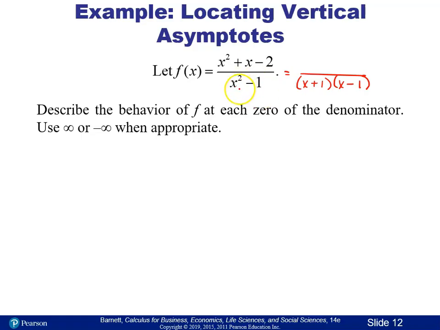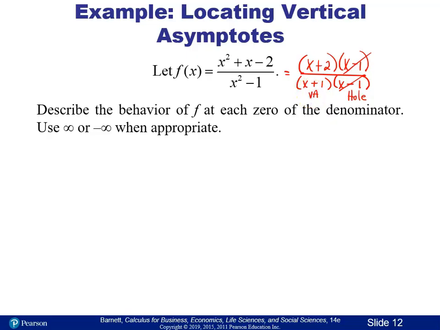Looking at this, we've got a difference of squares, so x plus 1 and x minus 1. This one is going to be x plus 2 and x minus 1. We have a set of common factors here. So what happens is this is actually a hole, and this one gives us our vertical asymptote.